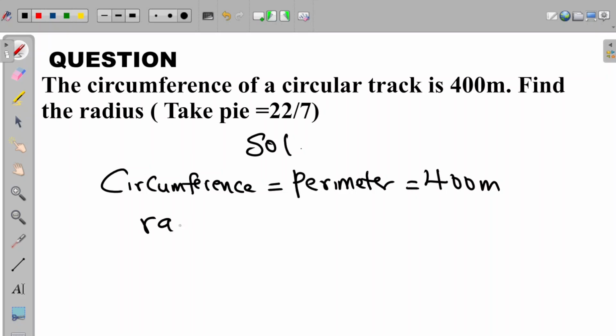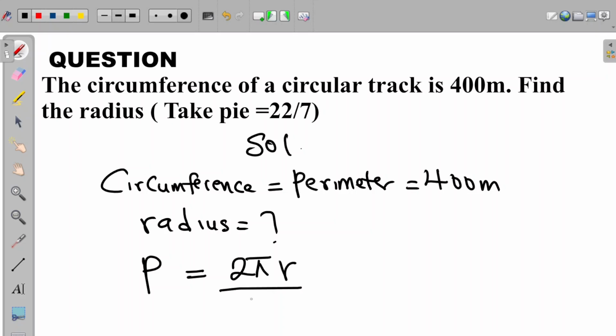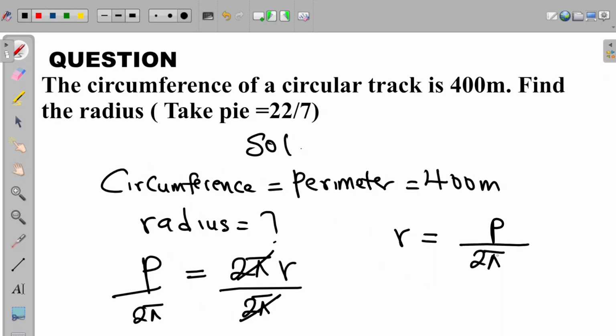So radius we don't know, but recall that the perimeter of the circle is given as 2 pi r. From this point, we can make r our subject. So we divide both sides of the equation by 2 pi. 2 pi cancels out 2 pi. So we have that r is equal to the perimeter divided by 2 pi.